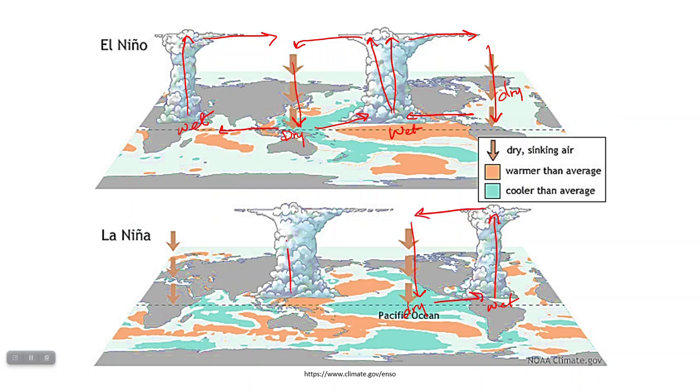Then here you also have warm air rising, which is going to lead to precipitation. So you're going to have increased precipitation in like Southeast Asia. In Sub-Saharan Africa, you should see some drier conditions because you're going to have cold air sinking and warming up, and it's going to have more evaporation happen than condensation.